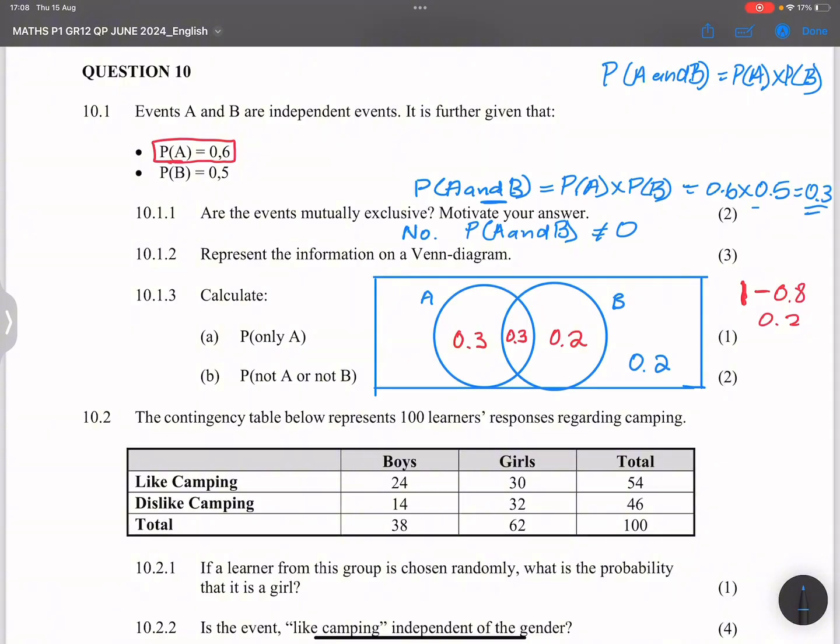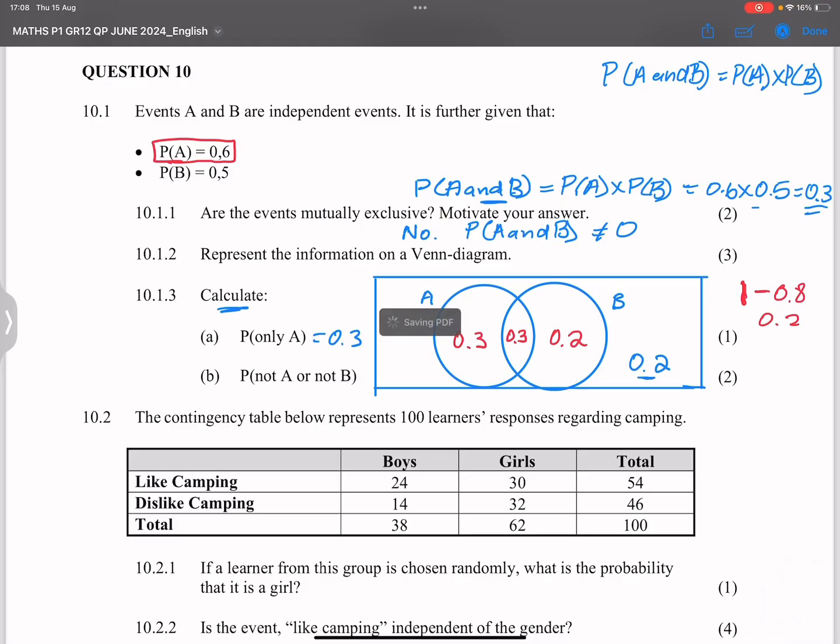Now they say to us, calculate the probability of only A. There we've got it. Only A would be something that does not include B. So only A would be equal to 0.3. And then they said the probability of not A or not B. So that's what we did right there. We found it to be 1 minus the entire thing there.